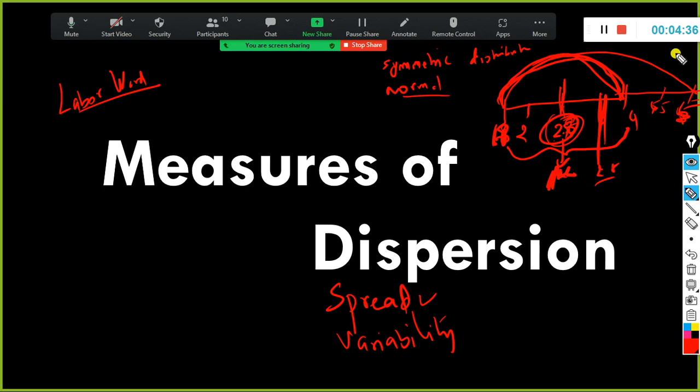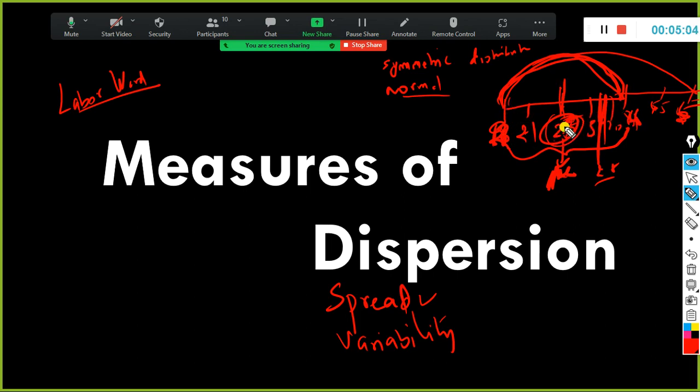In the case of lesser spread, almost all the values are closer. Let's say this is 2, 2.1, this is 2.5, and this is 3, 3.5 or 3.6. Almost all the spread is very less.